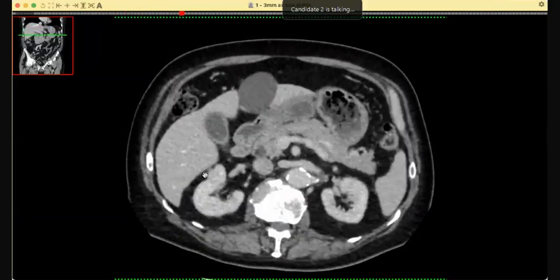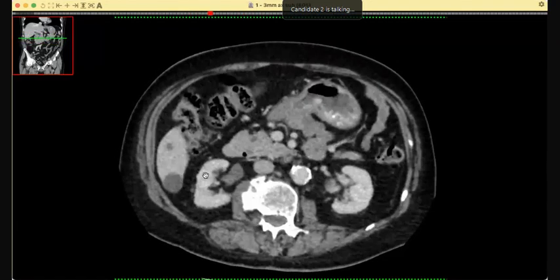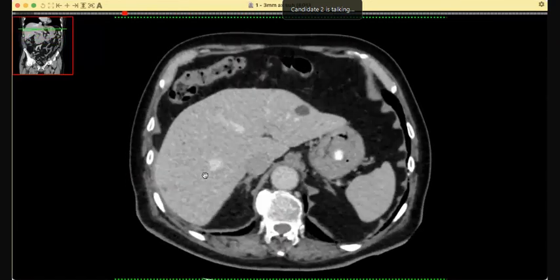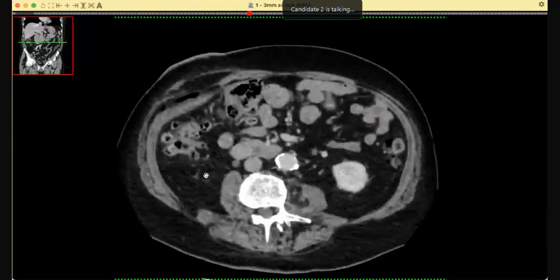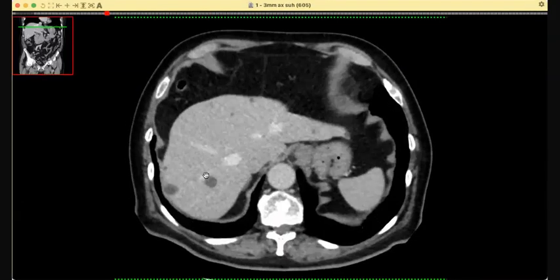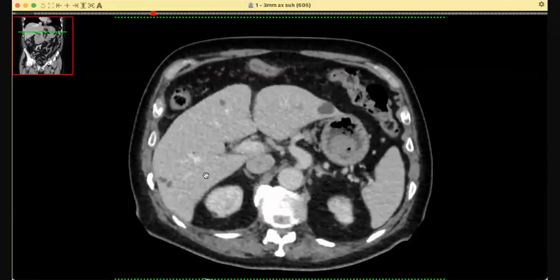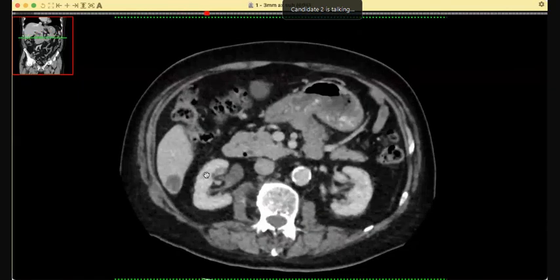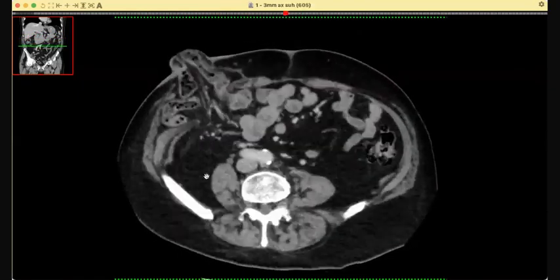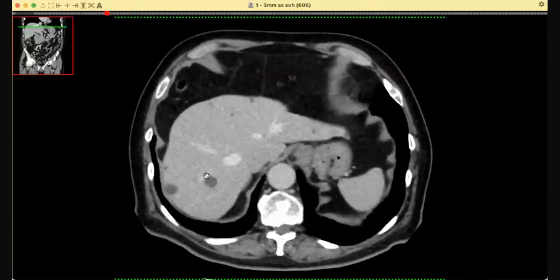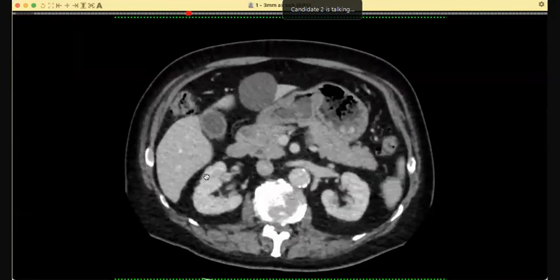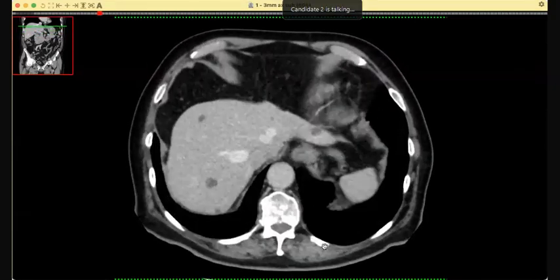In conclusion, I'm thinking of a concurrent tumor within the stomach, as well as deposits within the liver, and an anterior abdominal wall defect. Okay, thank you.